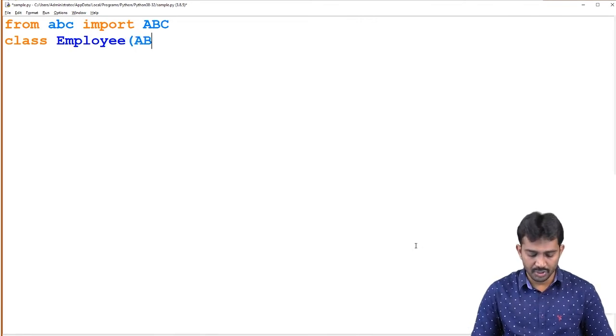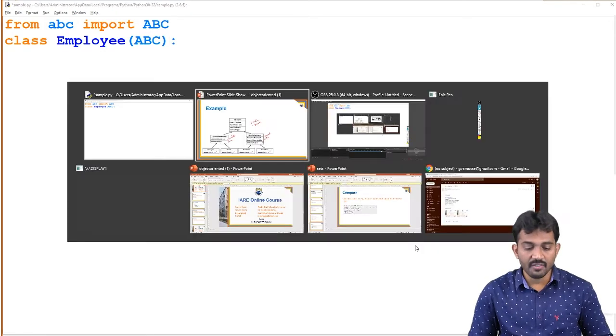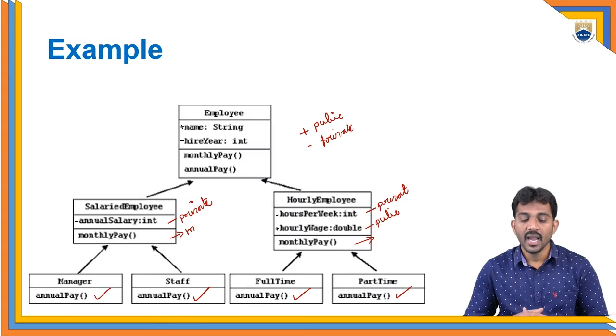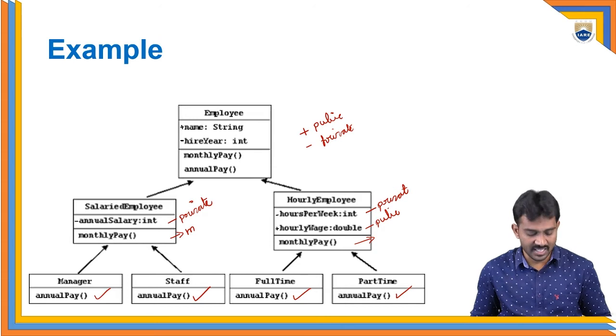So it should inherit from ABC. What variables are available here? In Employee, the name and hiring year. These two are the variables of the class.